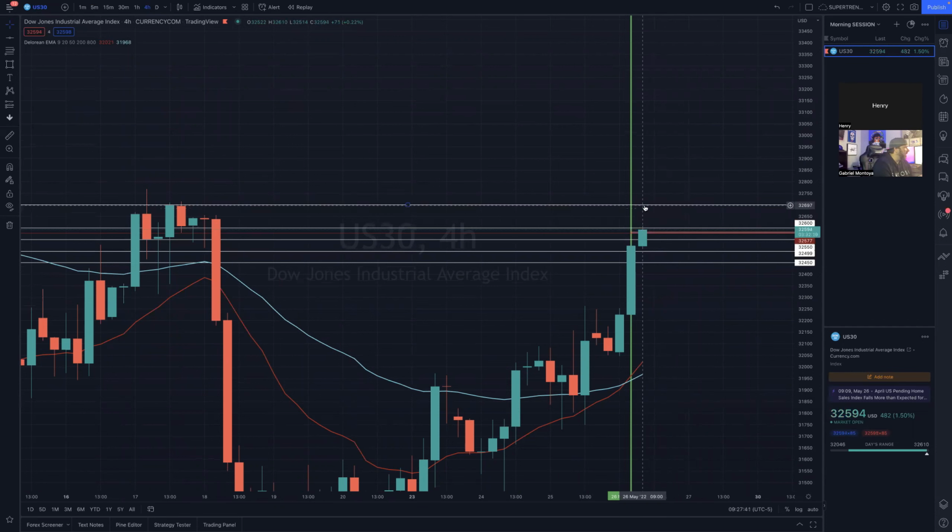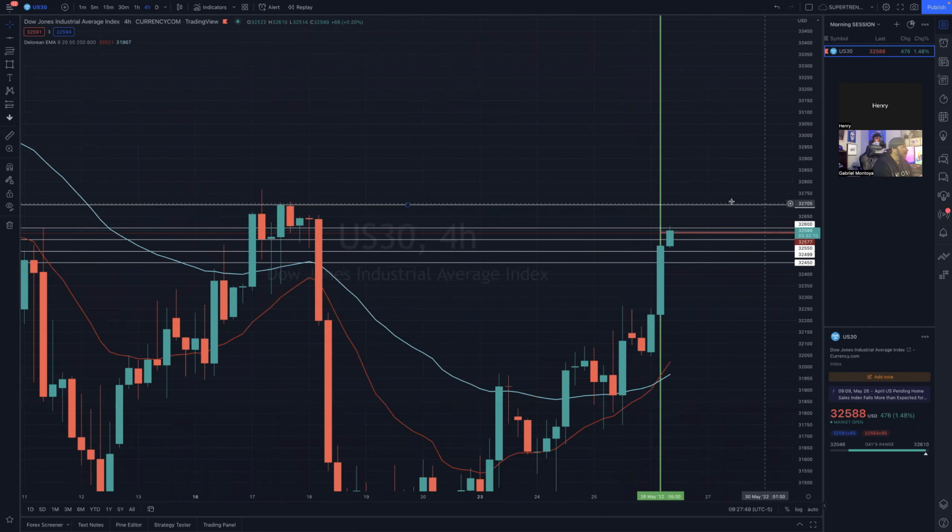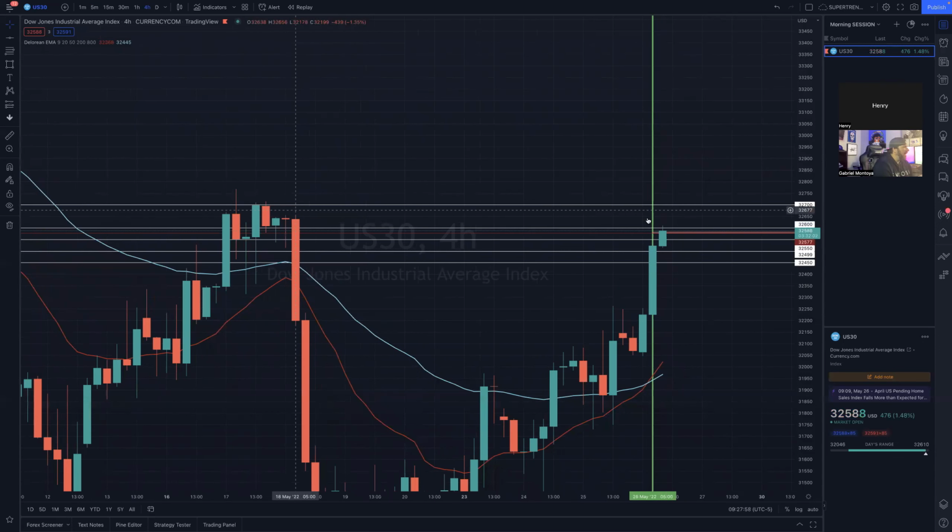She could potentially get up here, but we also have to start looking at where the sellers are going to come in and take over. Again, if she breaks this 32,700 area, breaks and closes, then at that point we will be looking to the upside. But as of right now, we're kind of in a reversal area. We literally just need to get these 3 points and we're done with this session.